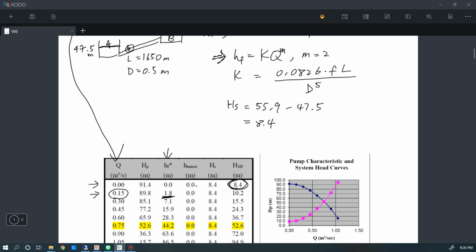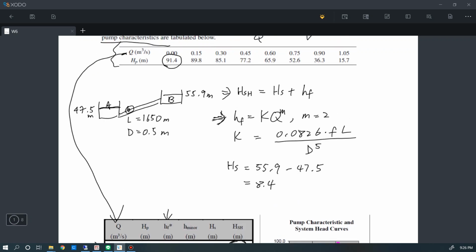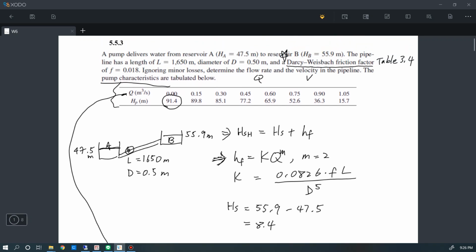Because we already know all the values for this equation, which is n equal to 2, f equal to 0.018 as given by the problem, the length of the pipeline equal to 1,650, and the diameter of the pipeline equal to 0.5.